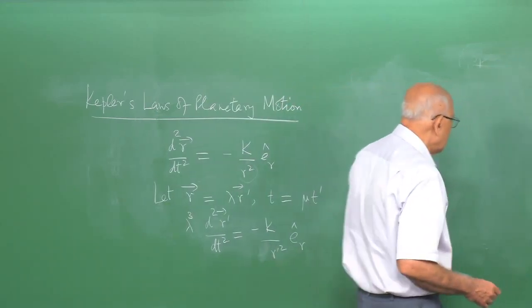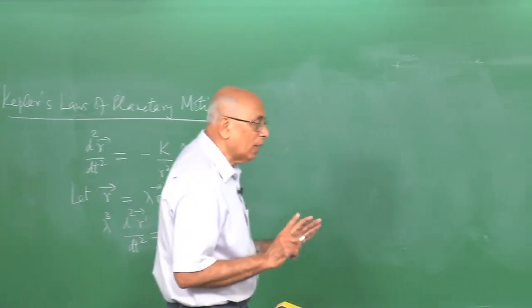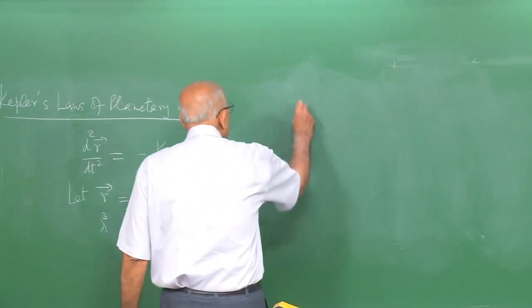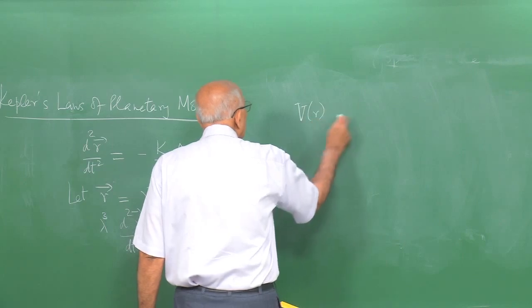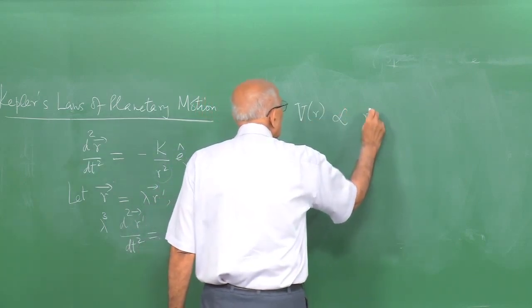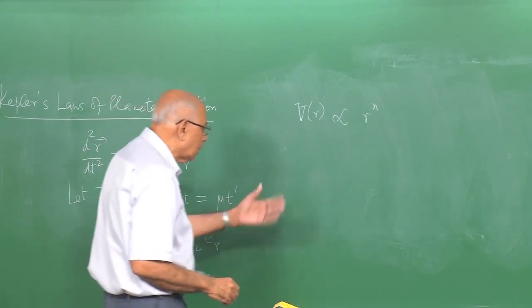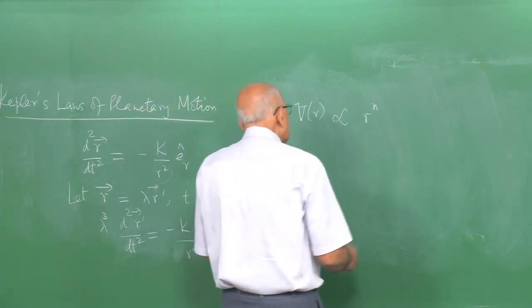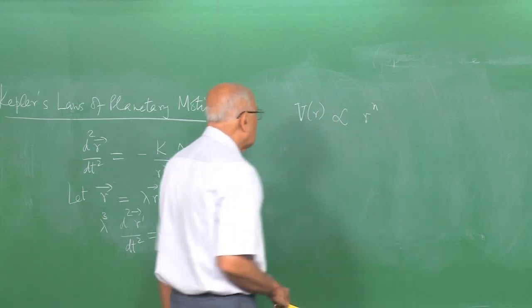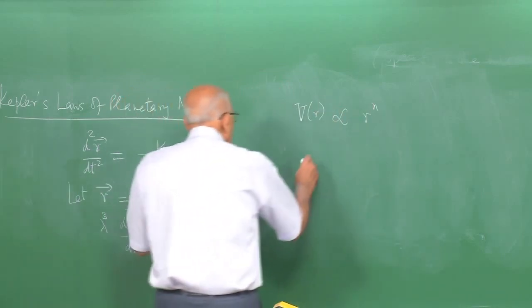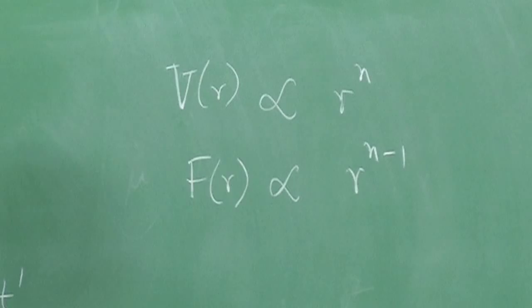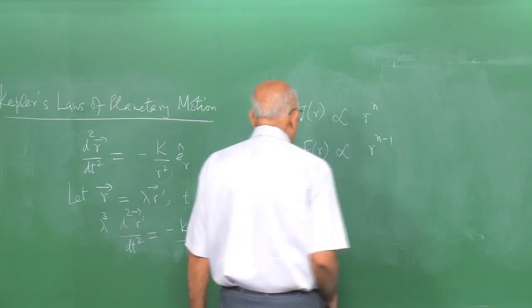Let's assume, without proving what kind of orbits you have for such potentials, that you have a V of r which is proportional to r to the power n. Since we've talked about inverse square potentials, let's leave it as r to the power n. Then the force F of r is proportional to the derivative of this potential, so it's proportional to r to the power n minus 1.